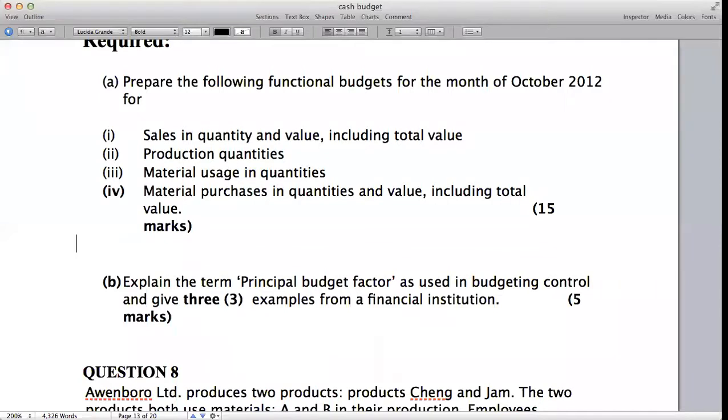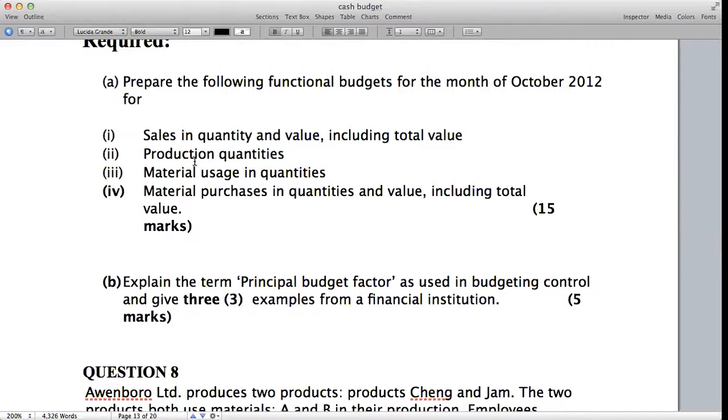Good. So the B part, I think we did the B part also. So they are there. Sales, quantity, value, including total value, production quantity, material usage in quantity, material purchases in quantities and value, including total value. Then B, explain the 10 principal budget factors used in budgeting control and give 3 examples of the financial institution.